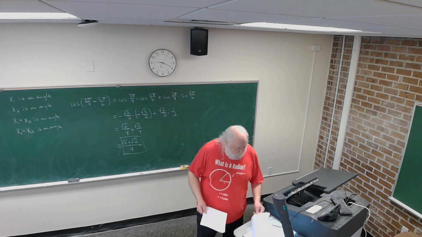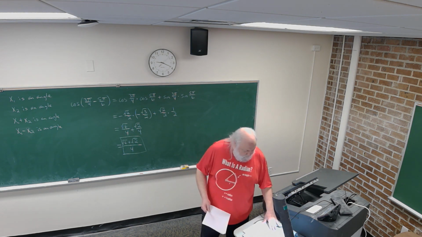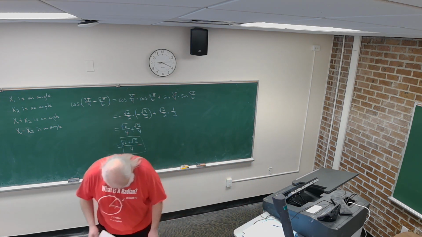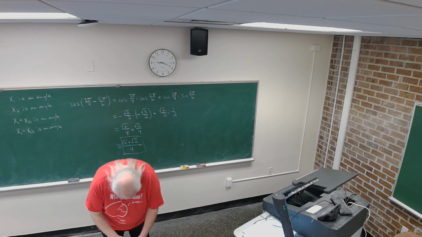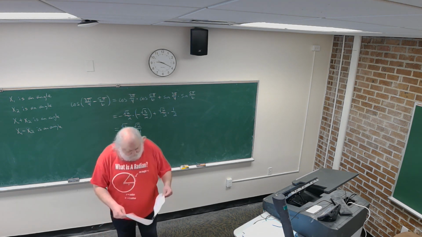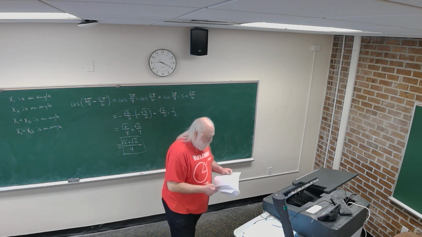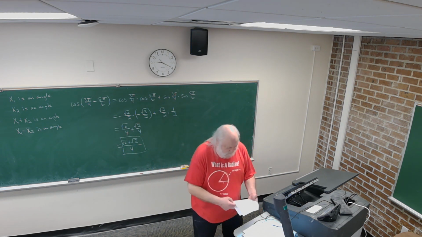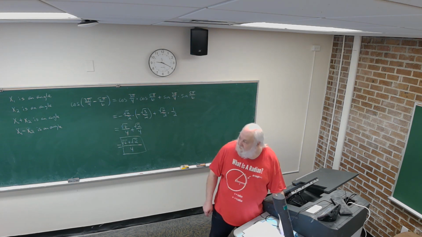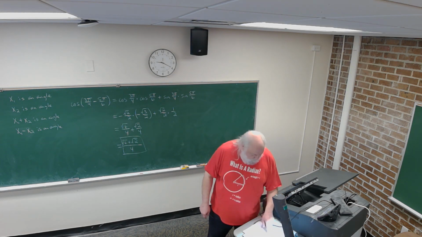All right, if you flip over your document, your handout, back in section 4.2, when we were learning about the sine and cosine function, at the bottom of page 5, we solved two equations, right, involving sine and cosine.